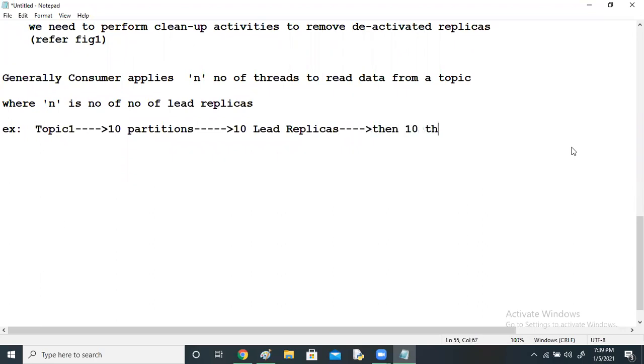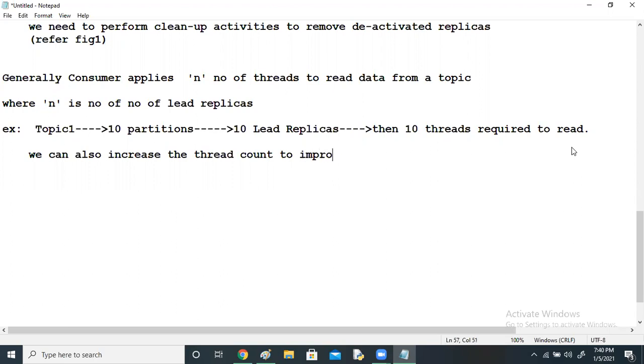Then 10 threads are required to read. We can also increase the thread count to improve the speed.